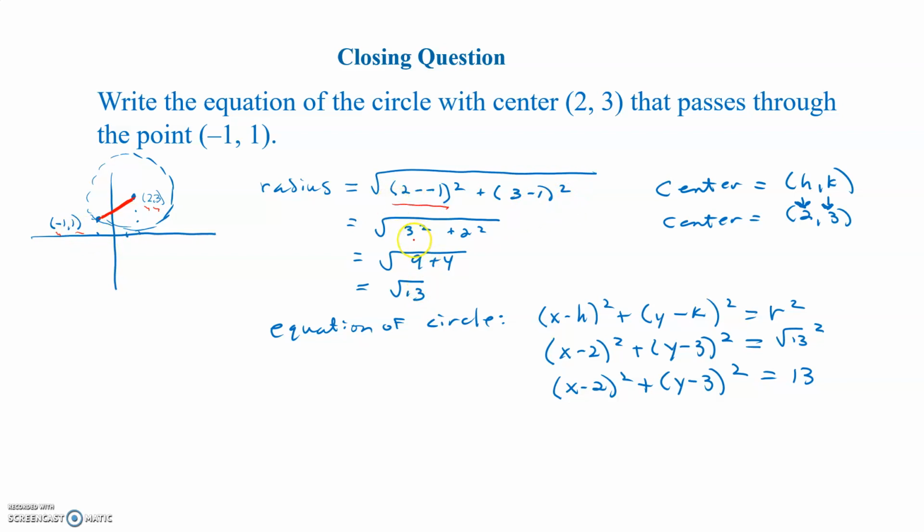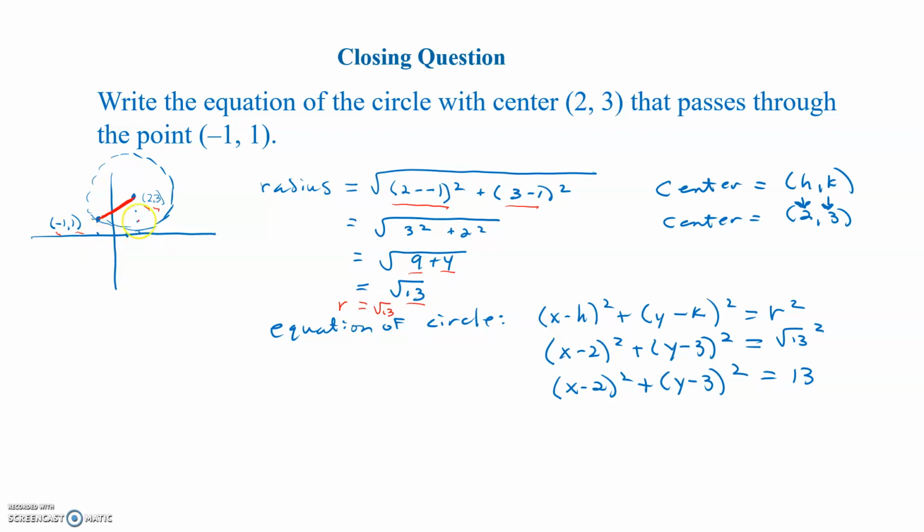So this is going to become a 3, and this is going to become a 2. So I'm going to have 3 squared and 2 squared. 3 squared is 9. 2 squared is 4. That's the square root of 13. So the radius is the square root of 13.